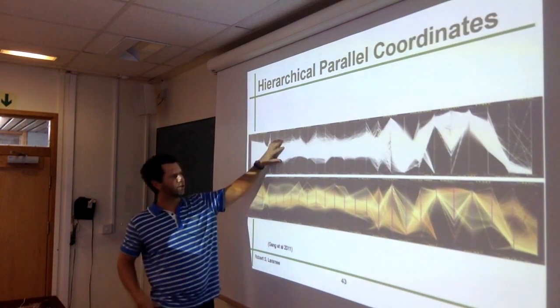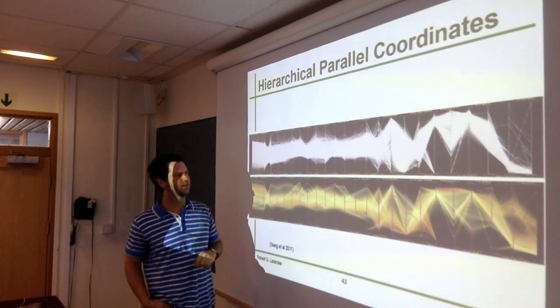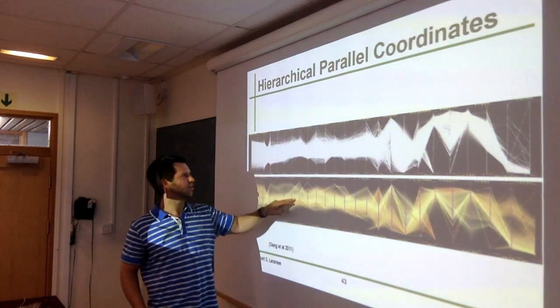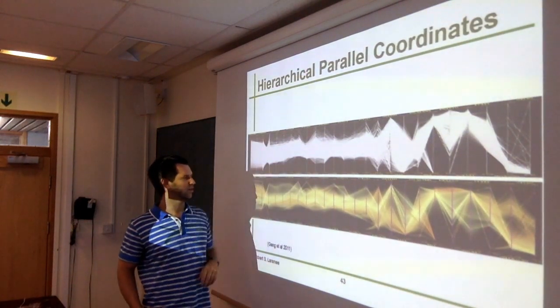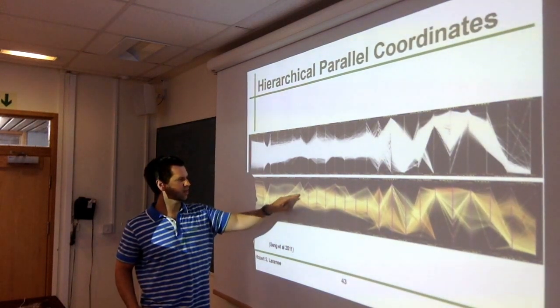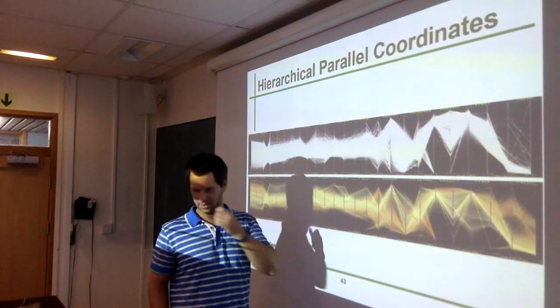So that's the original, and that's the hierarchical version, right? And you can see things in the hierarchical version that you can't see in the original. You can see clusters here inside. Still not trivial. It's still not that easy to see everything.